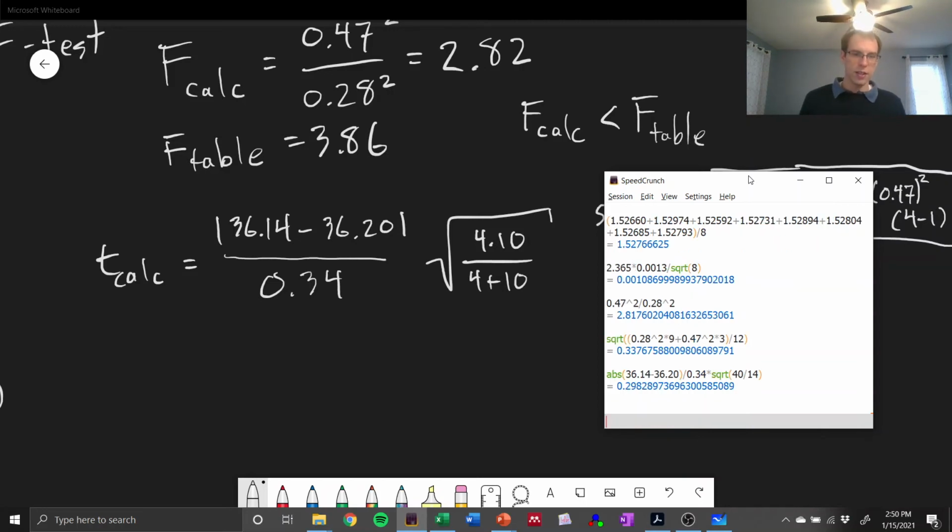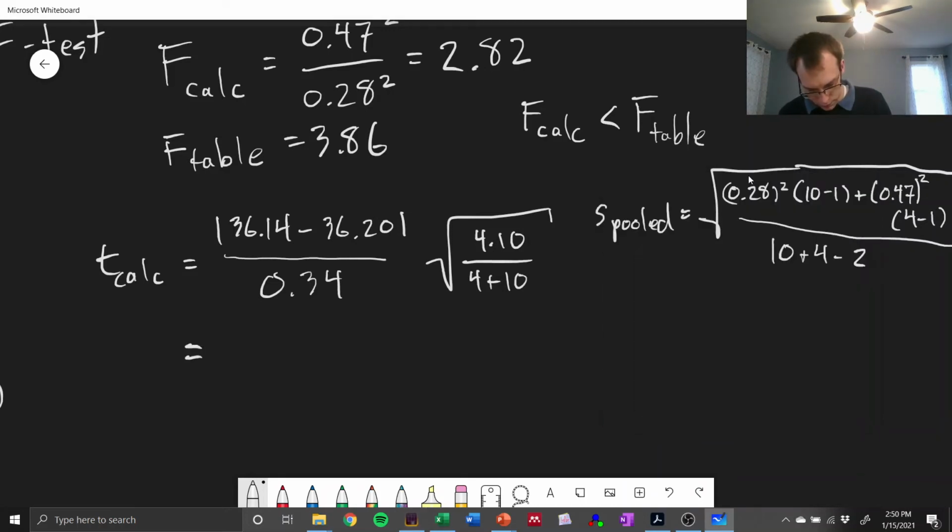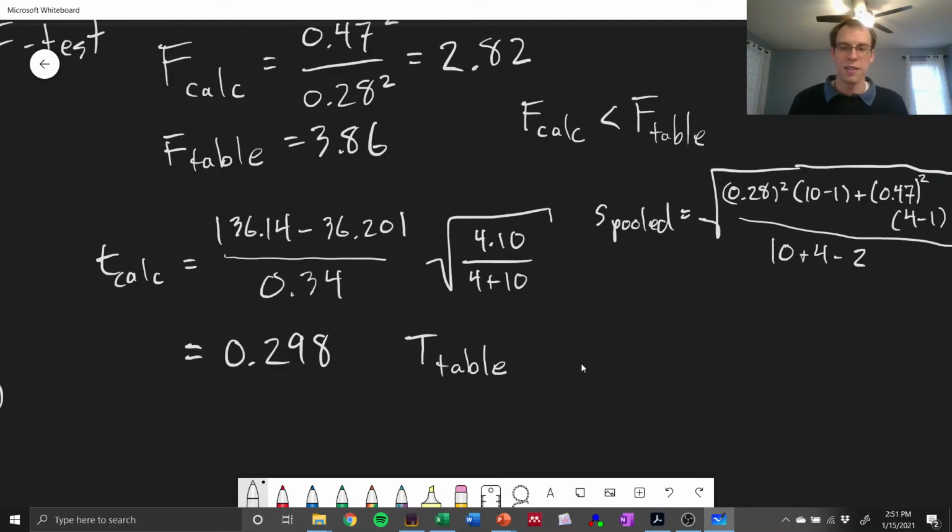So our t-calc is 0.298. Final step here is we need to compare t-calc to t-table. Now the fact that this is small means likely these agree with each other. The smaller t-calc is, the more likely t-calc will be less than t-table.